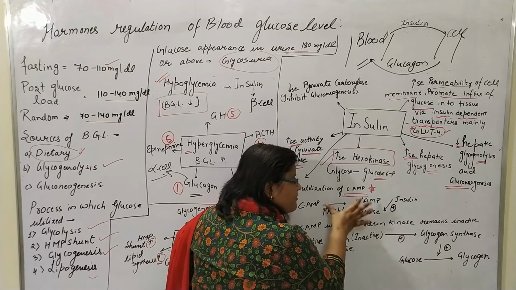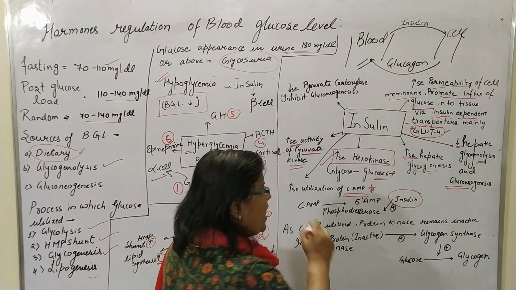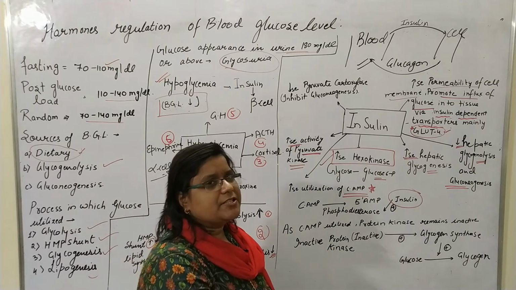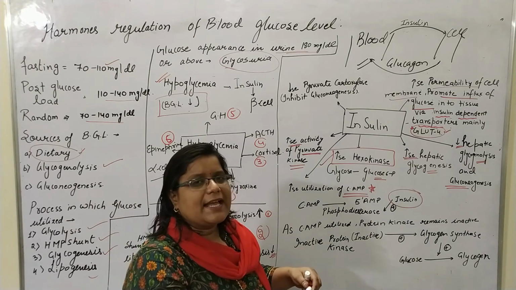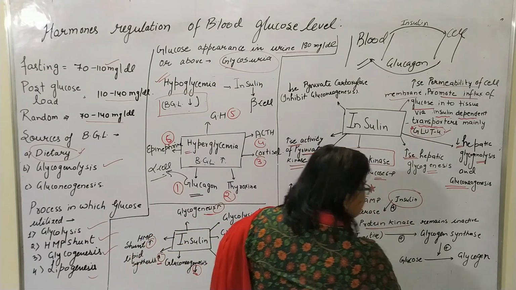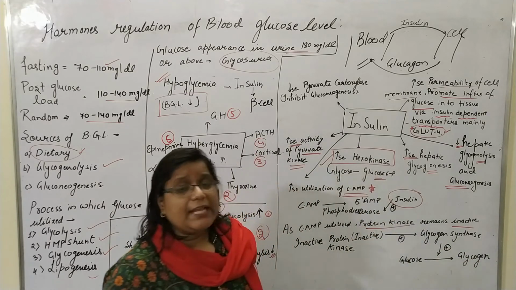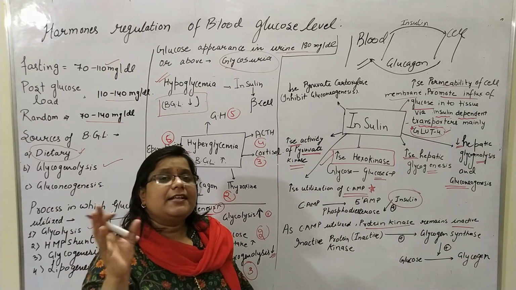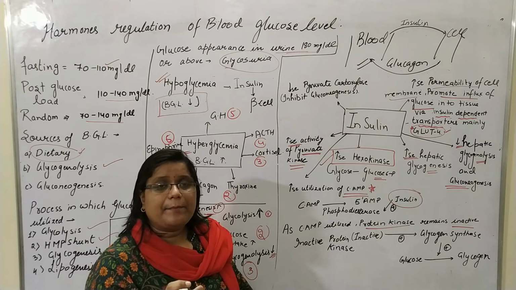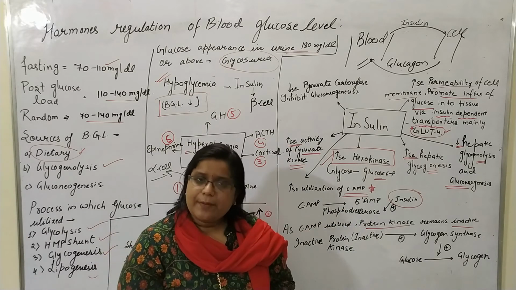This enzyme is activated by insulin, and when the cyclic AMP is utilized, there is no more cyclic AMP inside, so that protein kinase enzyme remains inactive. Because the protein kinase activity needs the cyclic AMP, but the cyclic AMP has converted into the 5'-AMP.